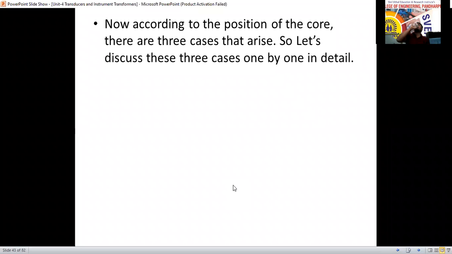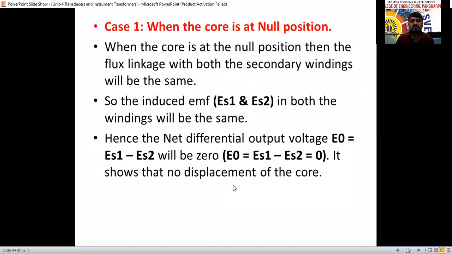If the core rotates in the clockwise direction, that is the clockwise direction position, and if it rotates anti-clockwise, again the flux linkage between both the secondary windings will vary. So that is the anti-clockwise direction position. Now, one by one we'll discuss the 3 positions.